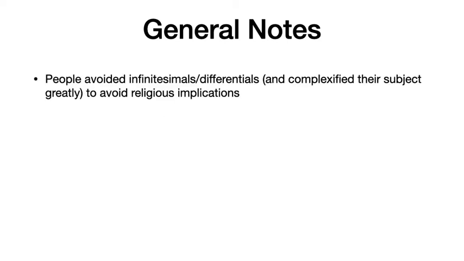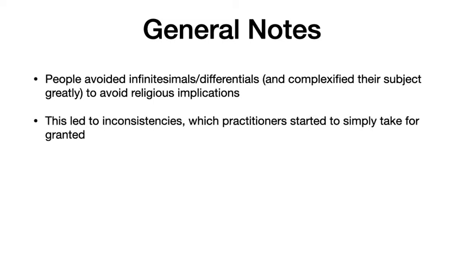So some general notes. People avoided infinitesimals and differentials, and they greatly complexified their subject to avoid religious implications. I've seen that happen in more than one field, but I find it interesting that it occurs even in math. And these complications led to inconsistencies. After a while, the practitioners started to just take these inconsistencies for granted. They're like, oh, well, this notation isn't real, so we shouldn't expect too much of it.